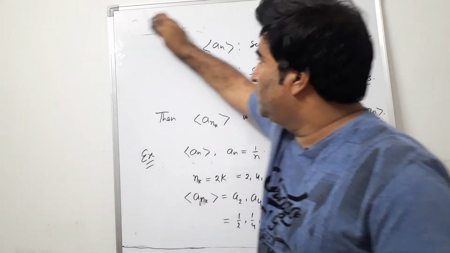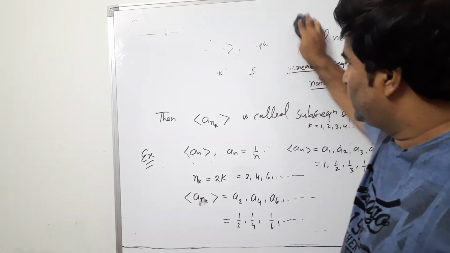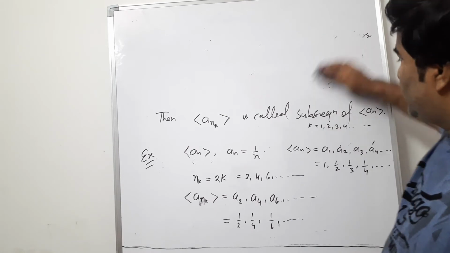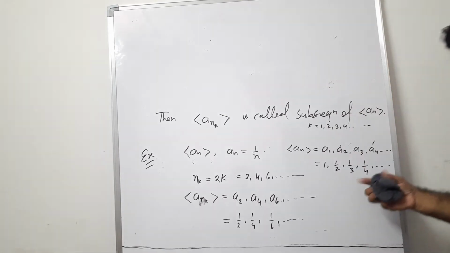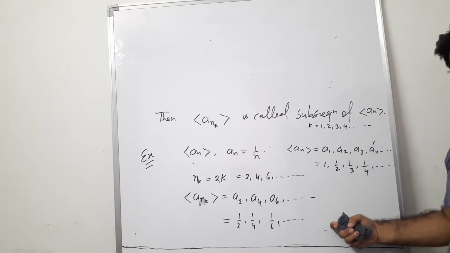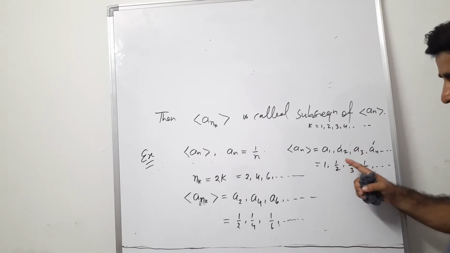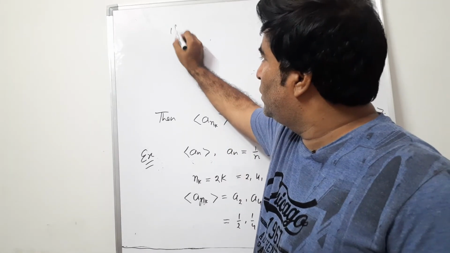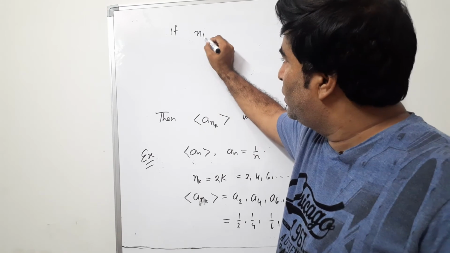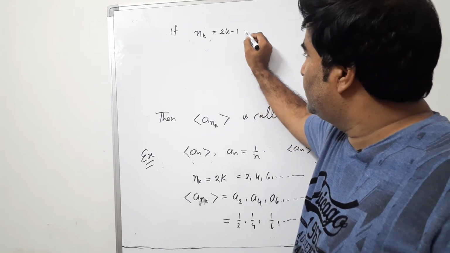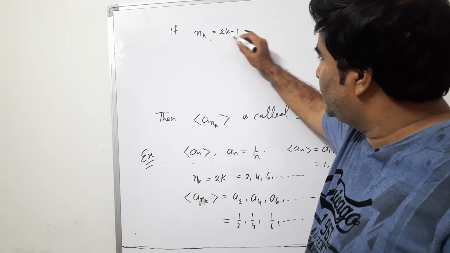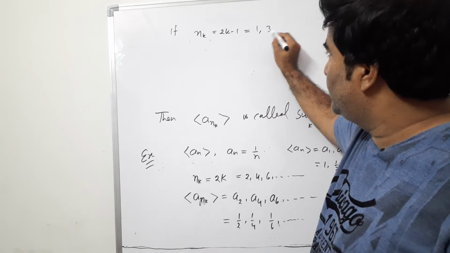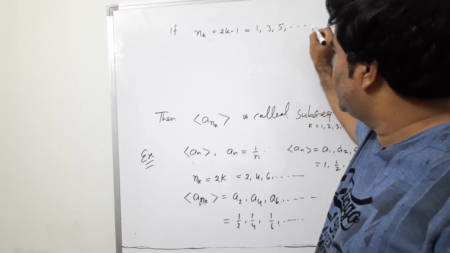In a similar way we can construct another subsequence of the given sequence. Here we took only even terms of the sequence. Similarly, we can take odd terms of the given sequence. If we take nk is 2k minus 1, then for k equal to 1, 2 minus 1 is 1, and for k equal to 2, 4 minus 1 is 3. We have here odd terms.